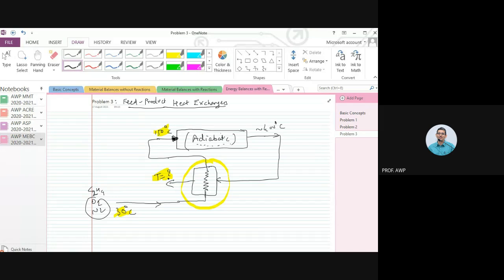The point that I am trying to make is that you should be able to decide these things yourself, not have to rely on somebody to tell you whether phase change will occur or not. Do you agree, Praveen? Yes, sir.